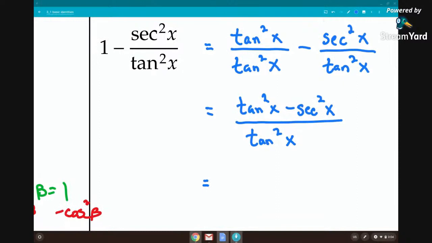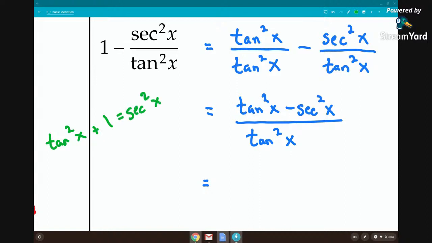Now, my hint from earlier was anytime we have tangent squareds or any type of square, we want to refer back to our Pythagorean identities. And one of them that you have in your notes is that tangent squared x plus 1 equals secant squared x.